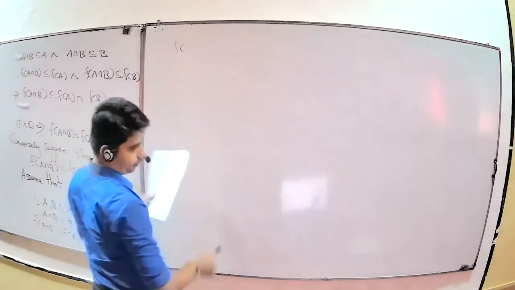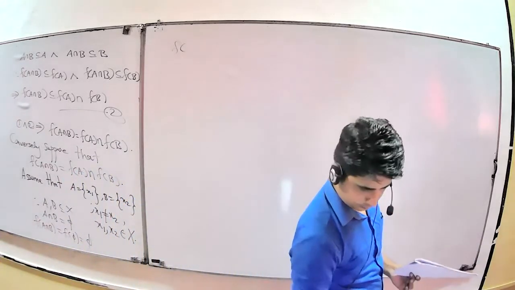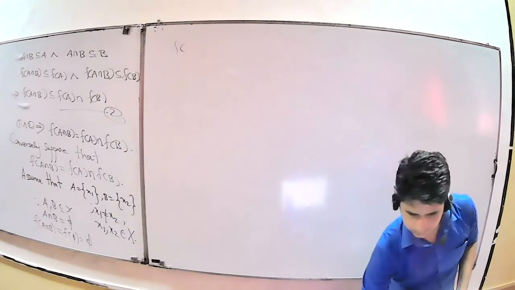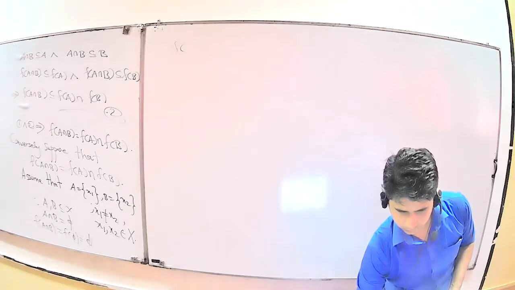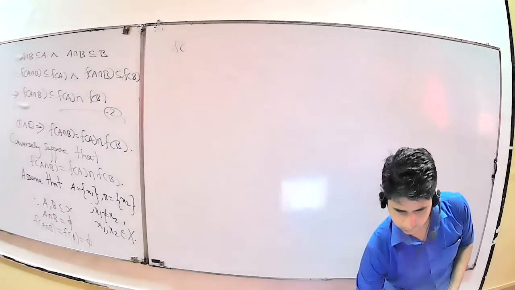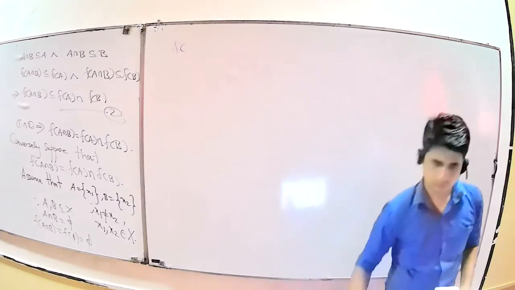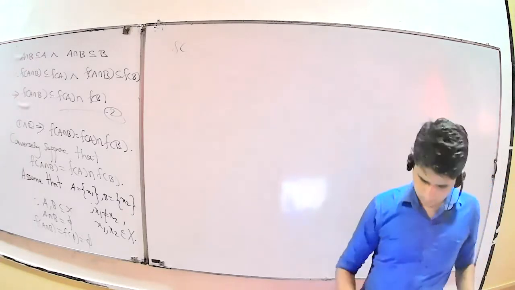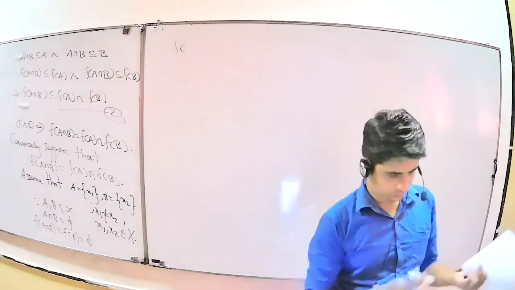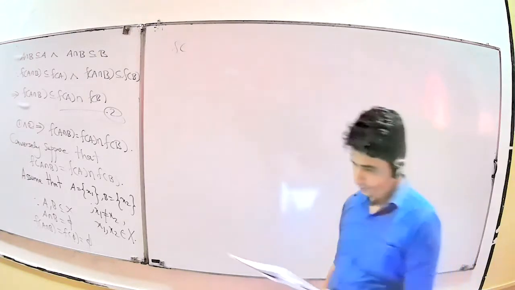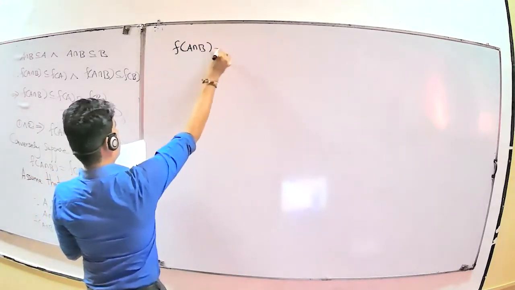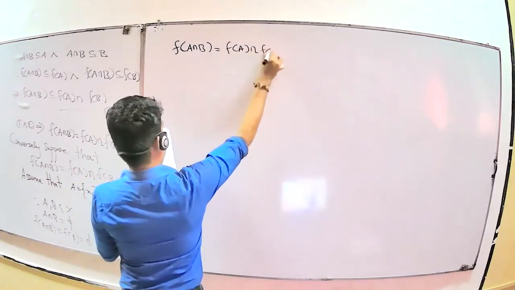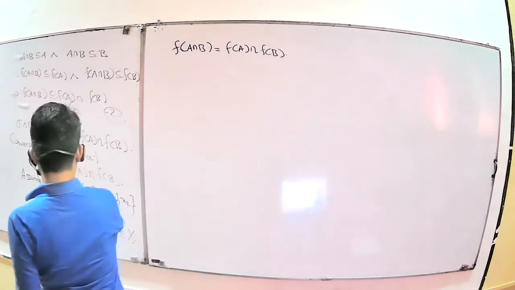Now you have this condition: f of A intersection B equals f of A intersection f of B. Here f of A intersection B is empty.